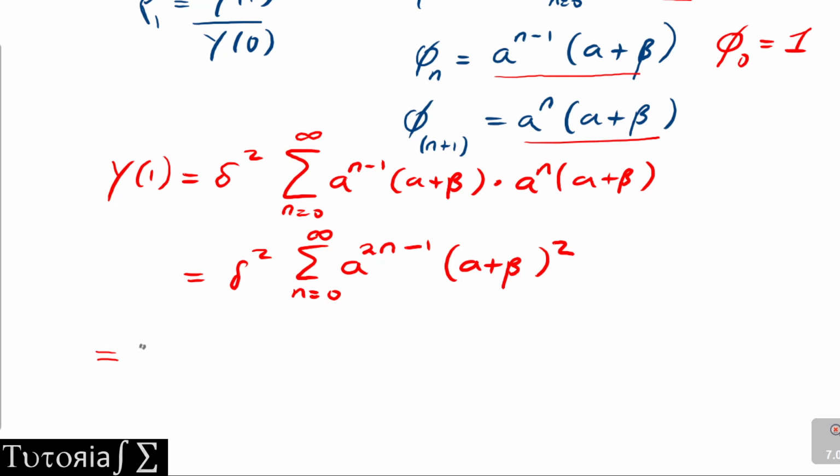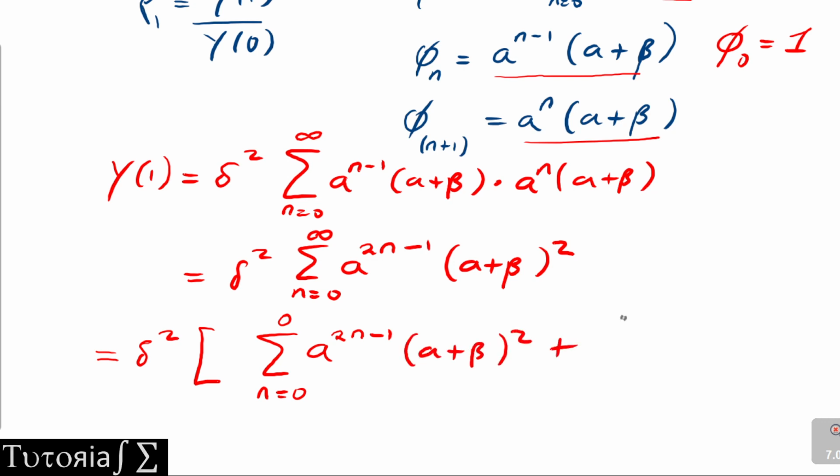We can simply say this is equal to the variance, open brackets, that is summing from n equals 0 to infinity of a to the power 2n minus 1, a plus b to the power 2, plus the sum from n equals 1 to infinity of a plus b to the power 2. Okay, so we can do that here.